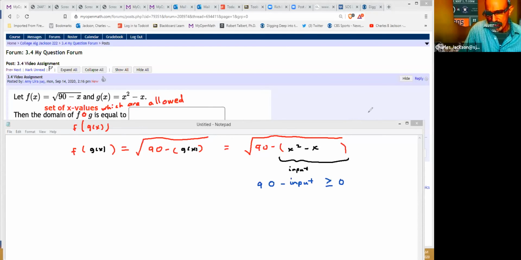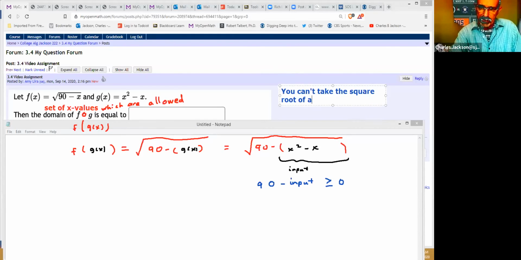Because of the square root, it's the radicand of a square root. You can't take the square root of a negative. So 90 minus the input has to be greater than or equal to 0.